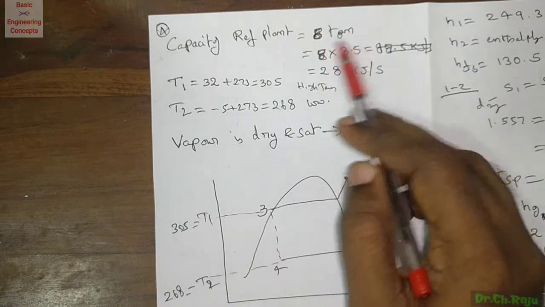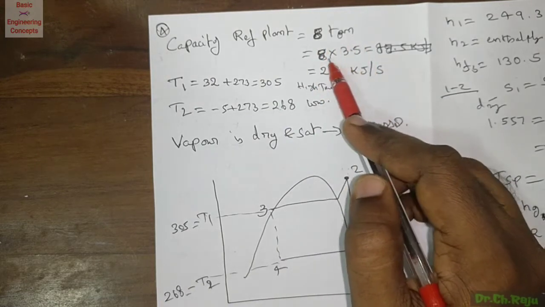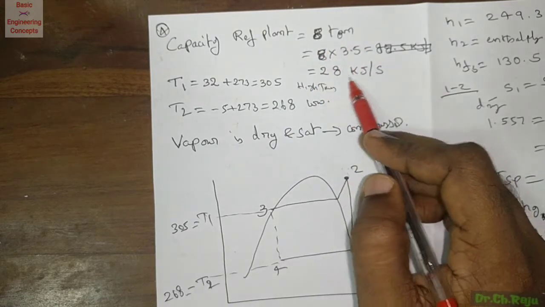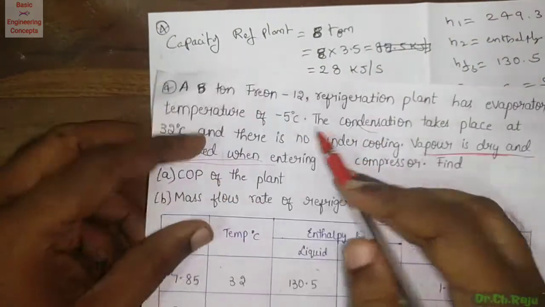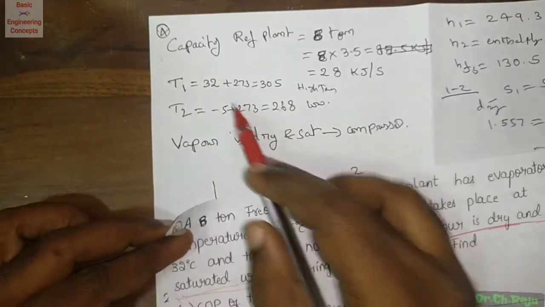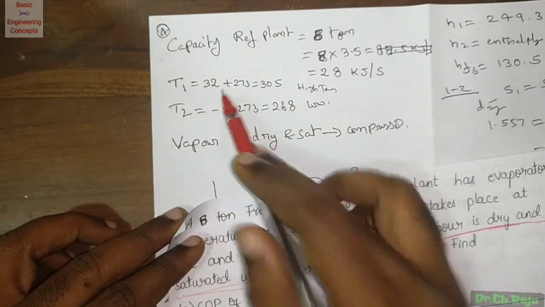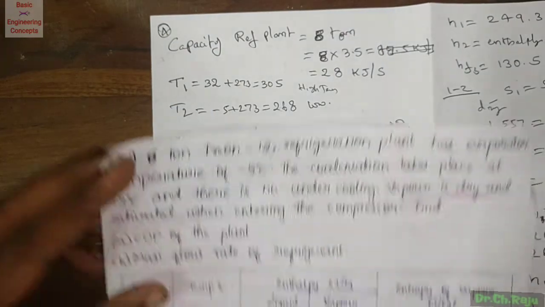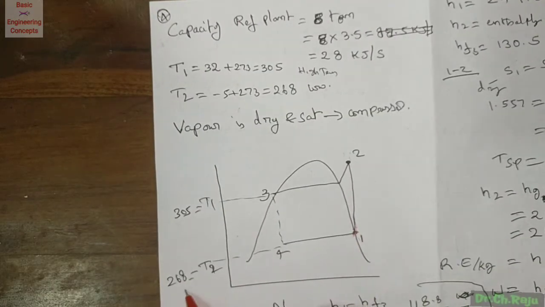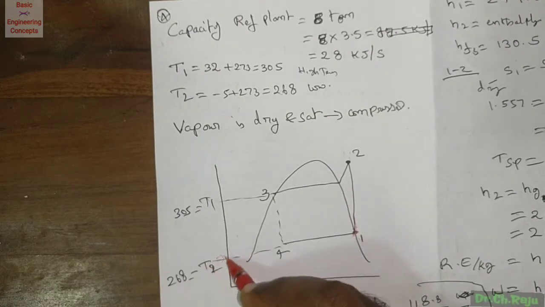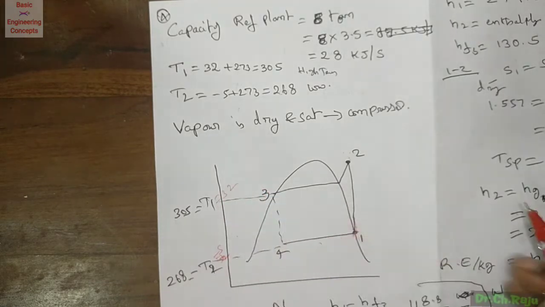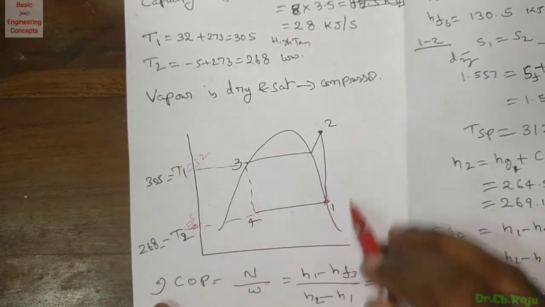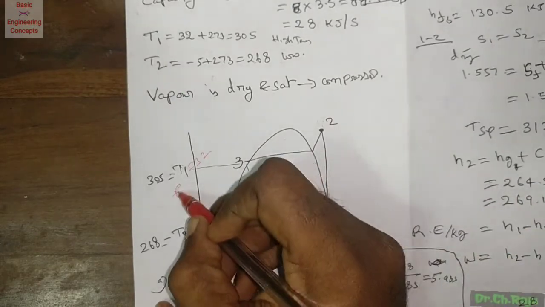The 8 ton is converted into kilojoules, 8 into 3.5, that is 28 kilojoules per second. The temperatures are given as -5 degrees and 32 degrees. This is T2 at 32 degrees, and this is the lower temperature of -5 degrees. So this is the line diagram for the TS diagram.